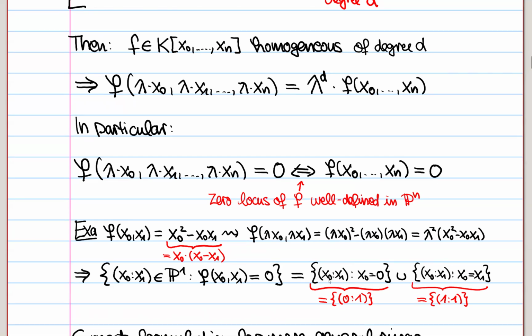If x0 is 0, then these are the points (0, x1). x1 is non-zero, but then you can scale this second coordinate to be 1 by dividing by x1. And so this is in fact just a single element set containing this point here. And similarly, if x0 equals x1, then these are points of the form (x, x), and then you can divide by x and you get the point (1, 1). Okay. So we see this vanishing set of this polynomial is well defined on P^1.